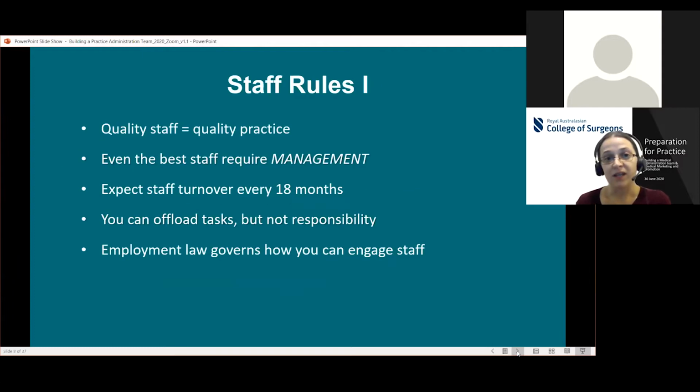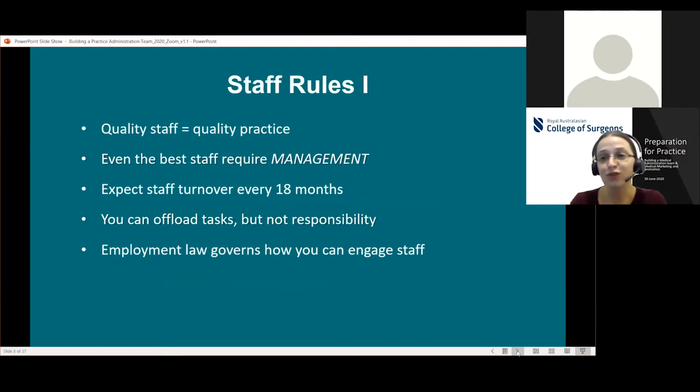And if we think about that, quality staff does really make a quality practice. So if you're employing people who don't necessarily have the skills that you need, your practice will suffer no matter how good you are as a doctor. So you really want to get good quality people in there. But even the best people are going to require management. You should also, in this day and age, be thinking about your staff turnover.